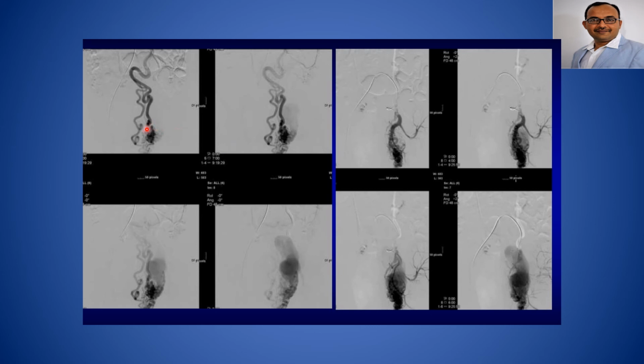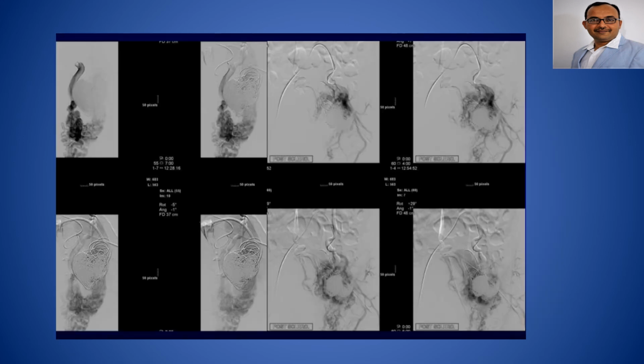At the end of this artery there are multiple tortuous arterioles, and after that this single dilated dominant vein is arising. So our target is this dominant draining vein: put coils and wires inside it, and then inject the ethanol.